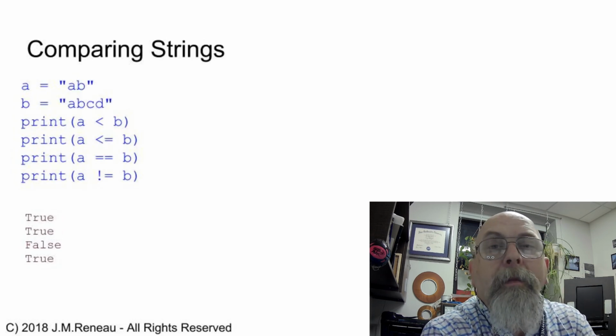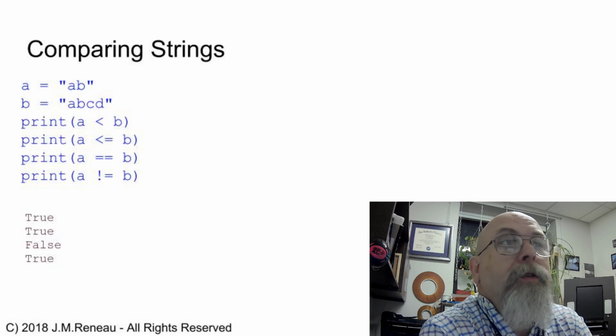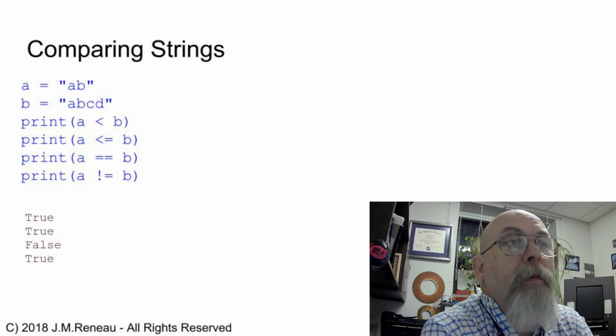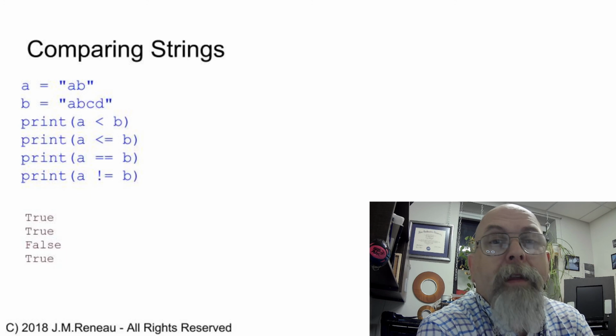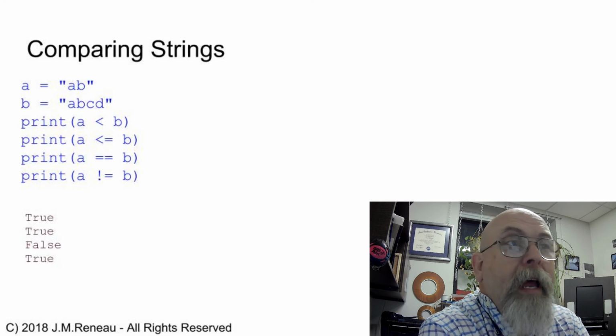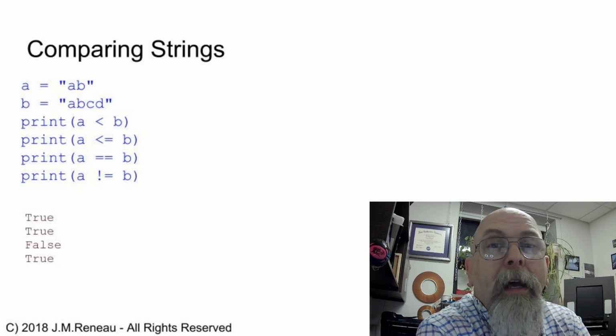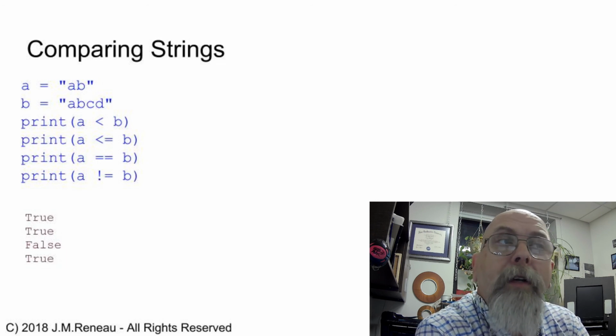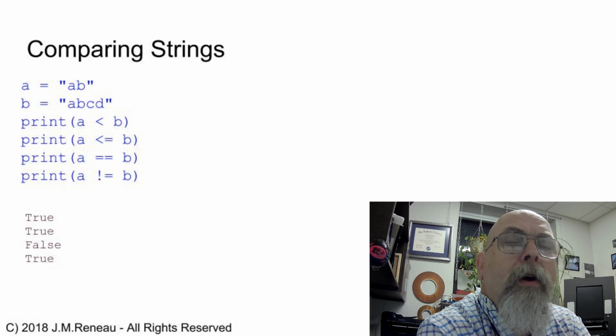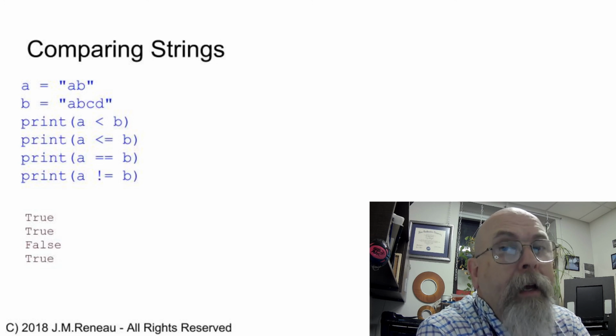We also can compare strings and string values. You notice that the same program is now storing the letters AB to the variable A and ABCD to the variable B. You can see now, though, that A is less than B because strings are compared left to right. You justify them left to right, and they're compared character by character, alphabetically.